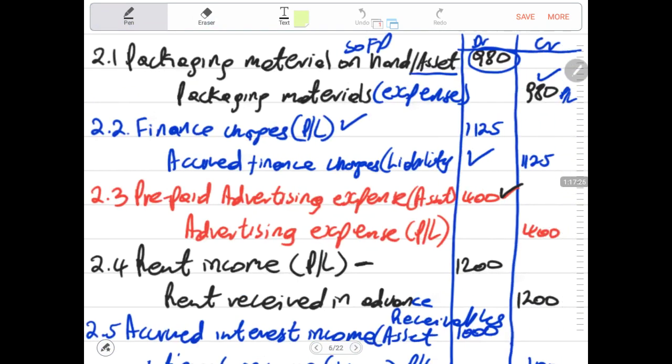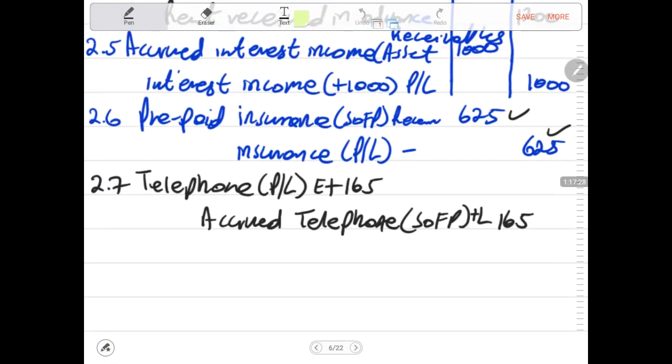Now how do we account for this in the general journal? Very easy stuff. We debit our depreciation. We credit our accumulated depreciation.